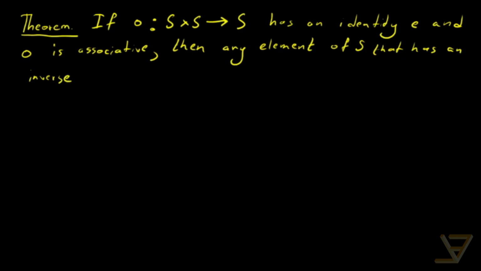Now note that not every element has to have an inverse, but if an element, let's say A, has an inverse, it has a unique inverse. So if there is an inverse of a particular element, it doesn't have more than one inverse, and we're going to prove that now.